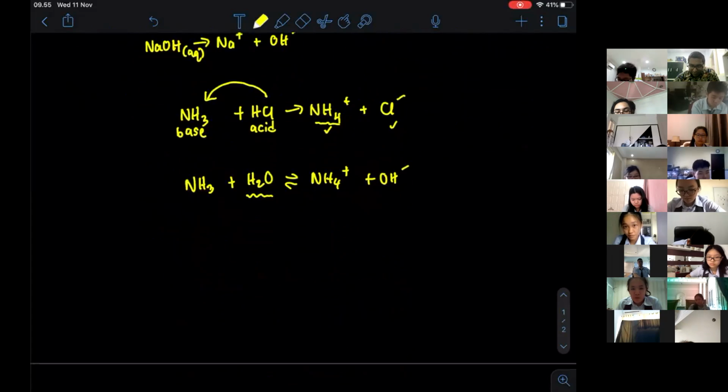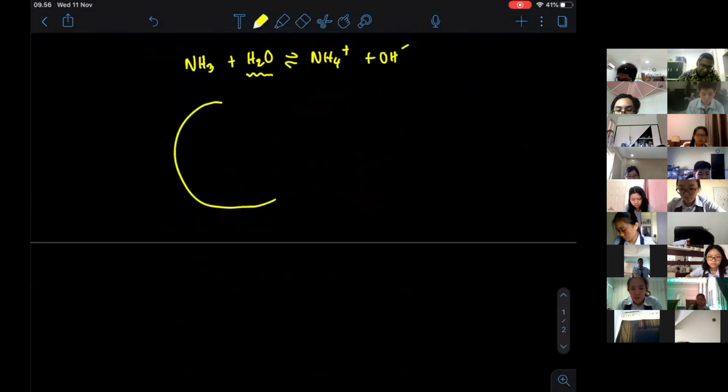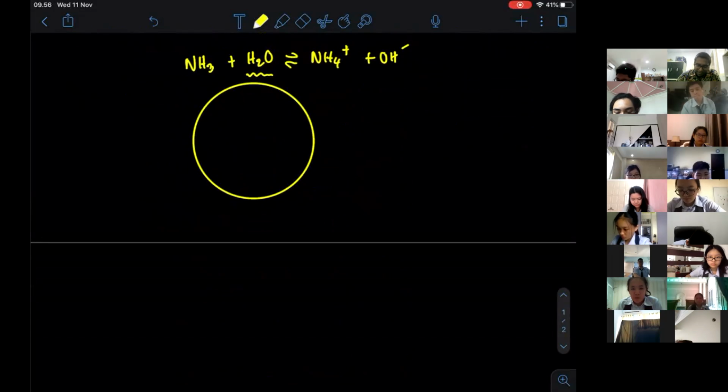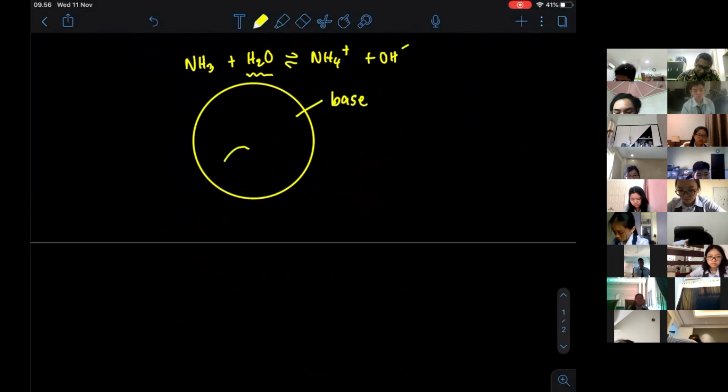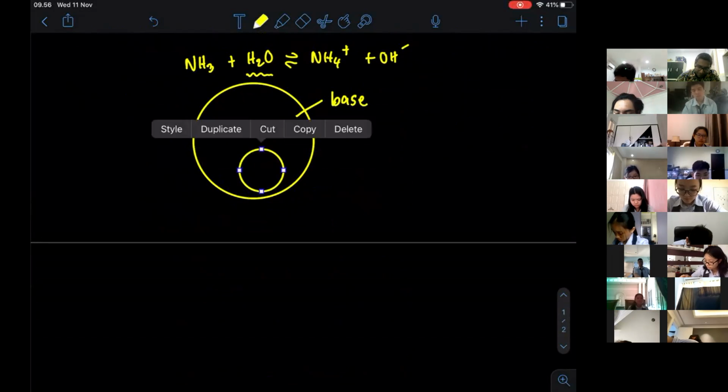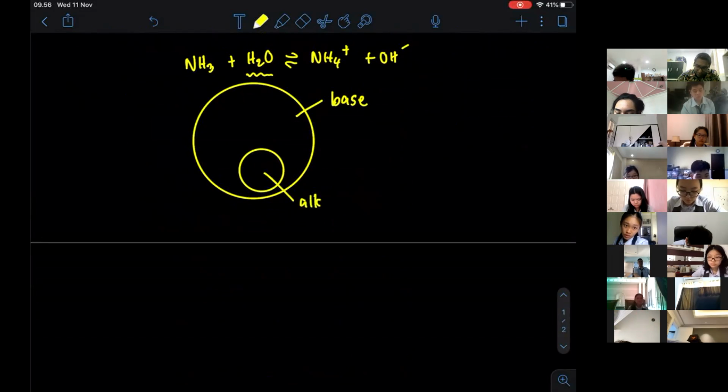If I have a Venn diagram, and this one is base, all of these are base, and there is a small portion of it which is alkali. All alkali are base, but not all bases are alkali. I hope you understand this.